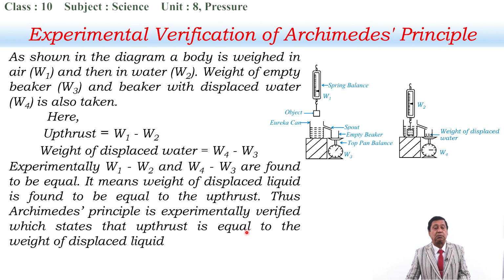Thus, Archimedes' principle is experimentally verified, which states that upthrust is equal to the weight of displaced liquid. This way, we can verify Archimedes' principle by writing, isn't it? The animated picture can be understood clearly, but while writing, we have to say it this way.